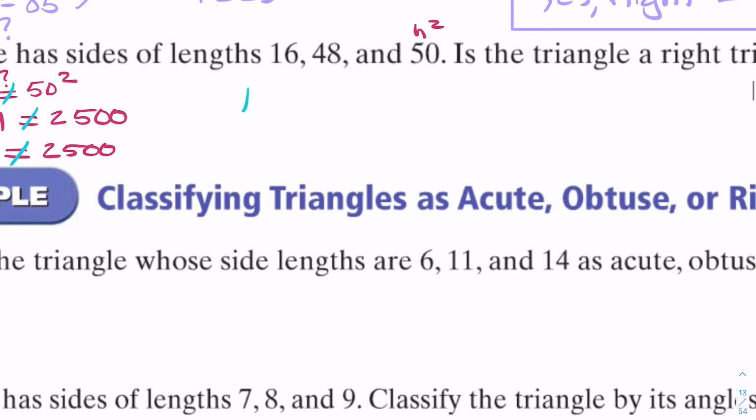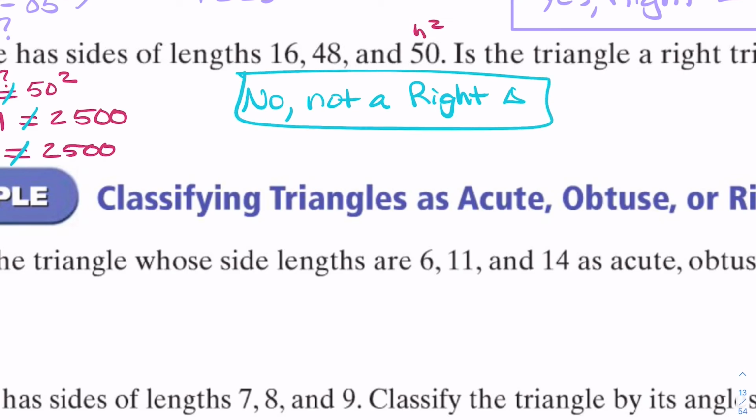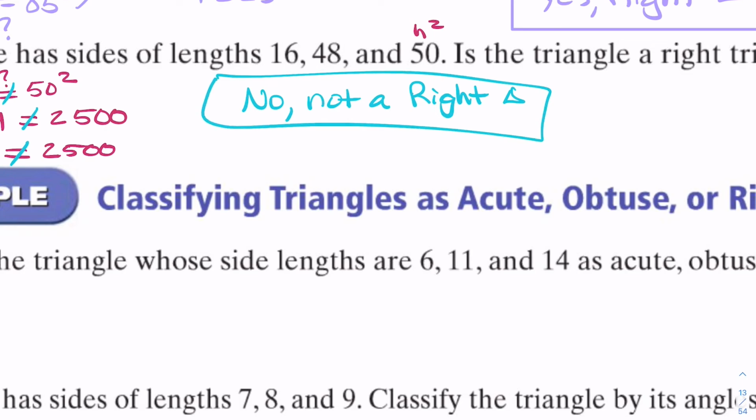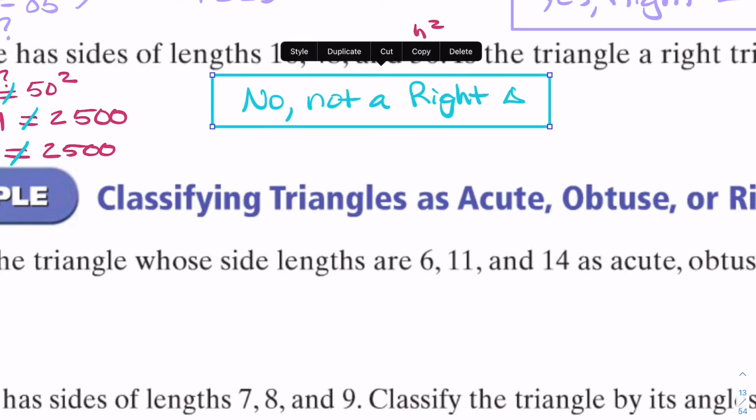So the answer is no, not a right triangle. And that's it for that one.